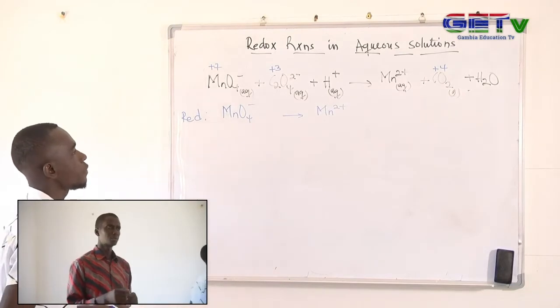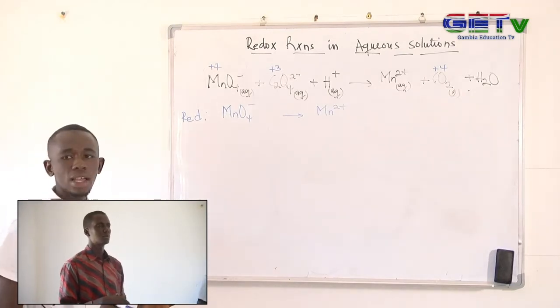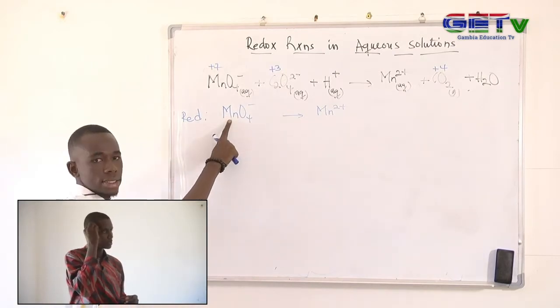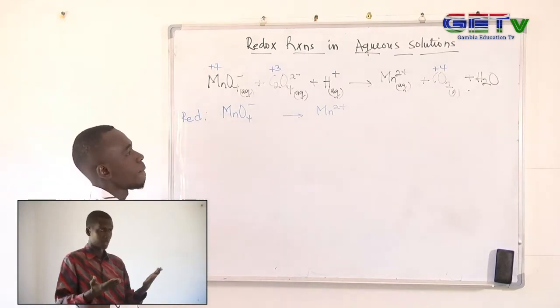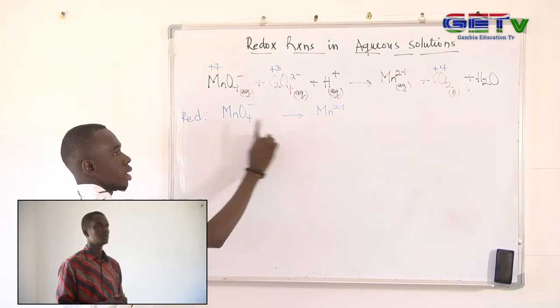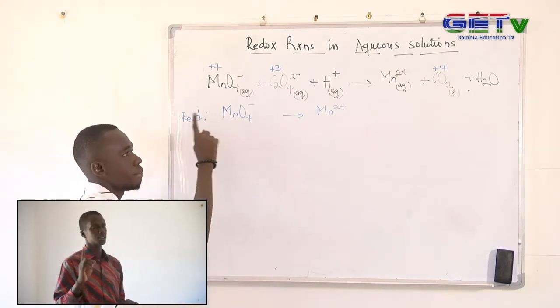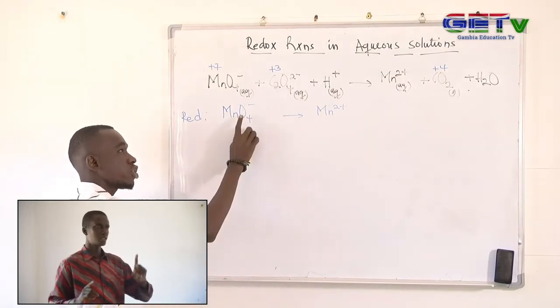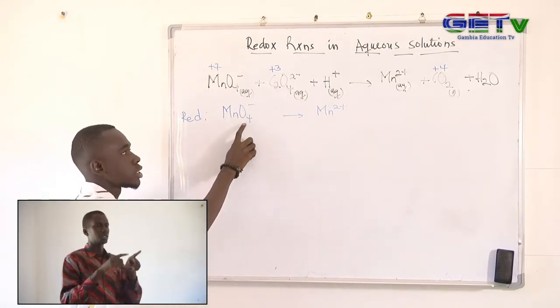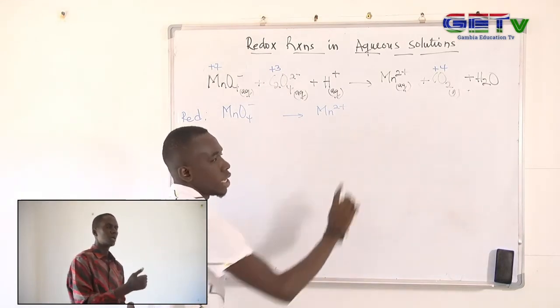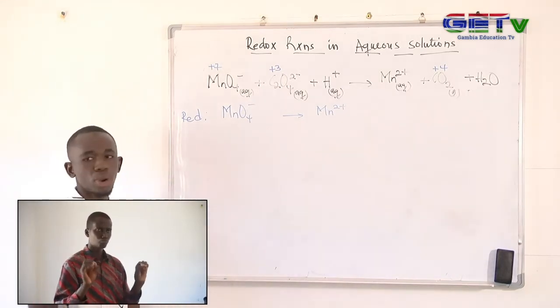Now, the first rule says we balance other atoms. Here we have manganese, and here we have manganese. Manganese here is 1, manganese here also is 1, which means the manganese atoms are balanced. But oxygen here is 4, and there are no oxygen atoms on the product side.